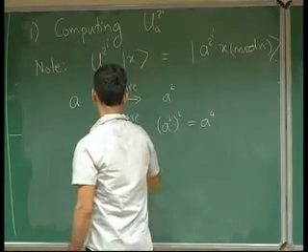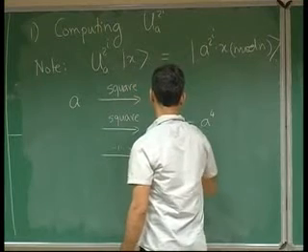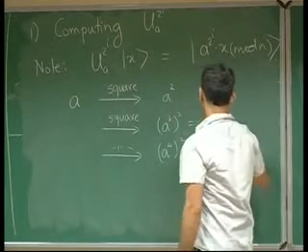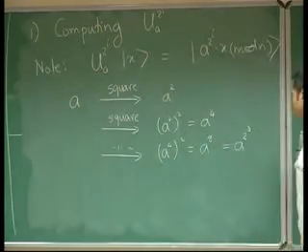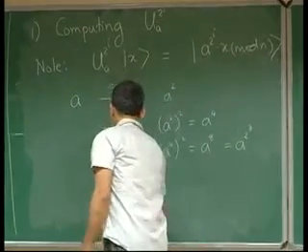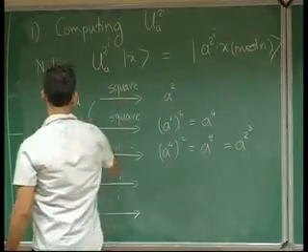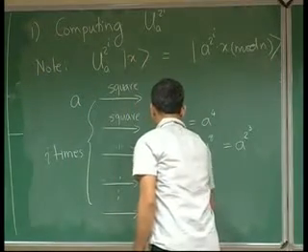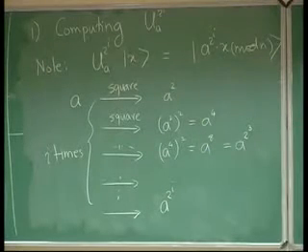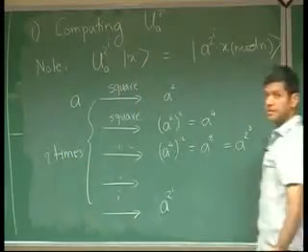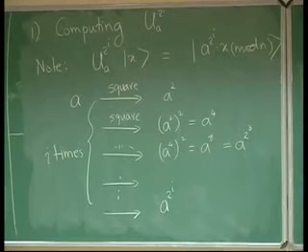You square that once more, you get a to the 4th squared, and that's a to the 8th, which is a to the 2 cubed. You square it once more, and as many times more as you need. In fact, if you square it i times, you get a raised to 2 raised to i. So instead of having to do this multiplication 2 to the i times, you're able to do it in simply i times. So that's an exponential decrease in the number of multiplications that you need to make.